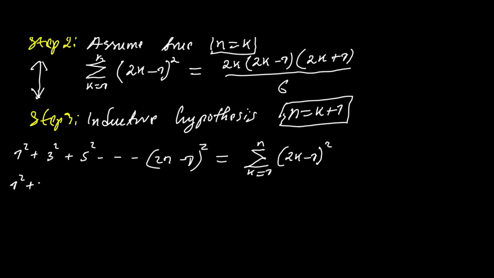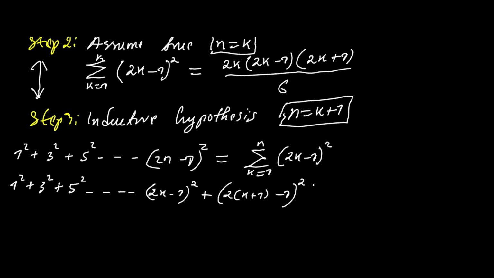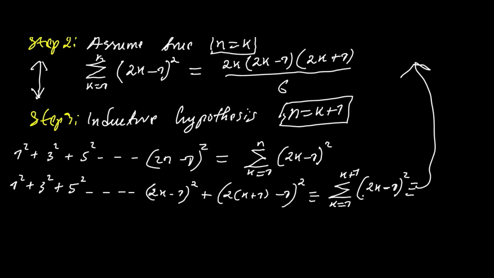So we are going to have 1 squared plus 3 squared plus 5 squared, right up to (2k minus 1) all squared, plus (2 into (k plus 1) minus 1) all squared. As I said earlier, this is a very, very important step. This is the sum from k equal to 1 to k plus 1 of (2k minus 1) all squared, now equal to our expression above.